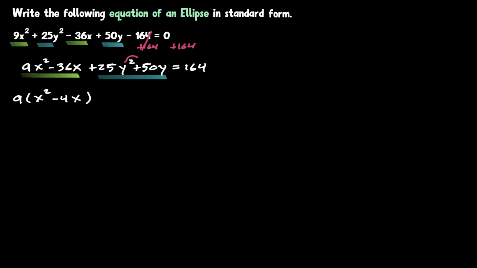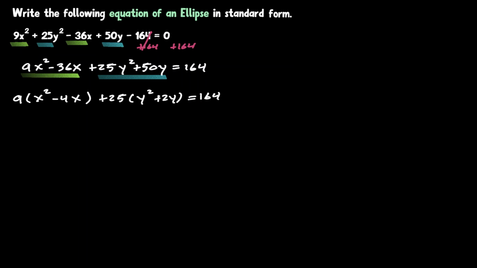And I have the same problem when it comes to the variables of y. The leading coefficient is not 1. Let's make it equal to 1 by factoring 25. The right hand side, let me just bring that down. So now we are ready to complete the square. The leading coefficient of x squared is 1, and also the leading coefficient of y squared is 1 as well.